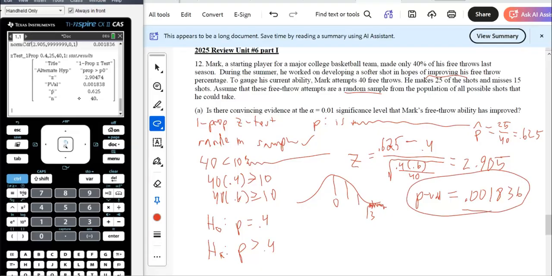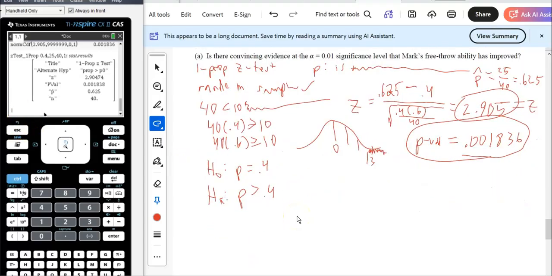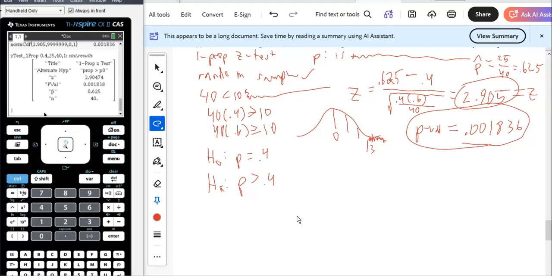The numbers you have to have are z and the p-value. Those are the two numbers you have to have. Now we can make our conclusion. So you want to start with because our p-value of 0.0018 is less than our alpha level of 0.01, we reject the null.